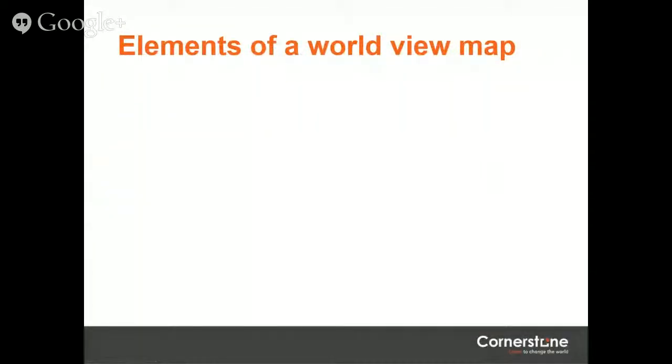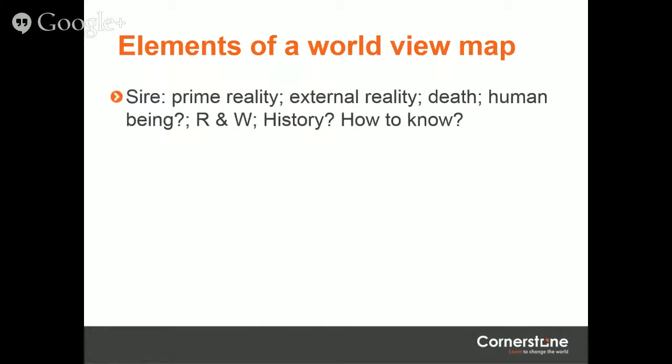There are various elements of a worldview map which we need to consider when we're looking at any worldview. So I'm just listing them for now. We'll get to the visual aspect of a worldview map just now. First of all, we must look at whether there are enough points to say that there is actually a worldview.